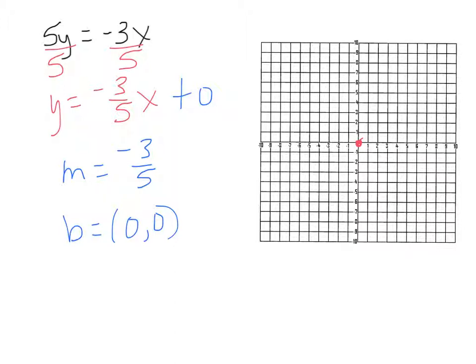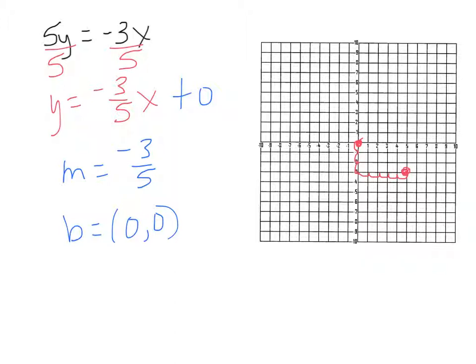Then again, you move. Now, if you have a negative slope, that's the same thing as going downhill. So remember, it's rise over run, so I'm going to move down 3. 1, 2, 3. I'm going to run +5. 1, 2, 3, 4, 5 to get to my next point.